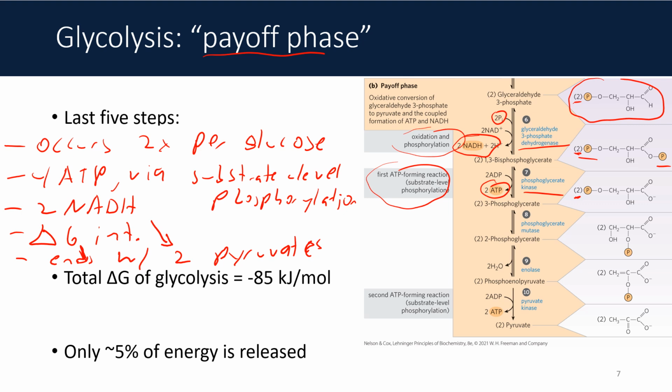We spent 2 ATPs in the preparative phase, so at this point we break even energetically. Now we're left with 3-phosphoglycerate. We went from 2 phosphates to 1. The 8th enzyme, phosphoglycerate mutase, will relocate that phosphate to a more convenient position. We'll explain why later. And it moves it from the 3-carbon to the 2-carbon, shown over here.